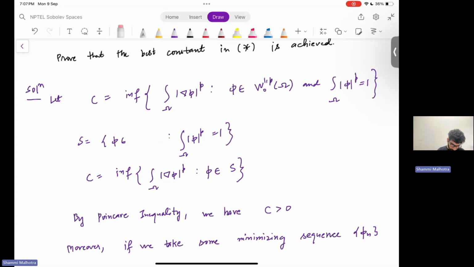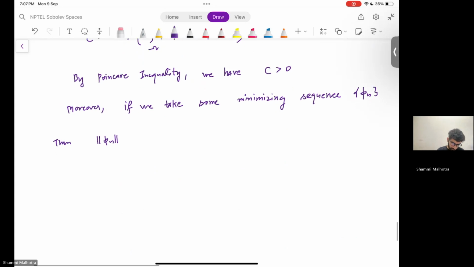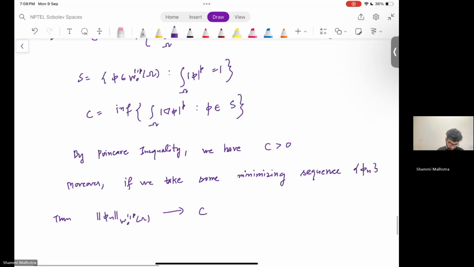So this is W naught 1 p omega. This converges to some constant c, which is the minimizing minimum value. It holds for p as well.